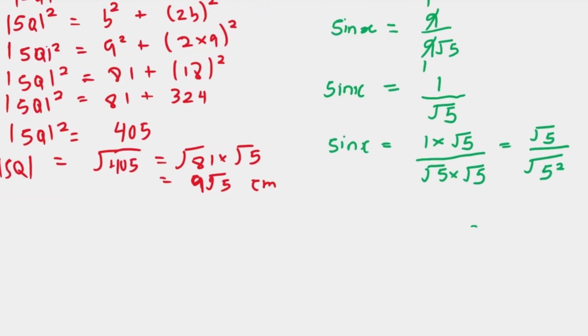So we can simplify this one, the square can cancel the square root. So we have 5 here. So that means that sine x is equal to the root of 5 out of 5.